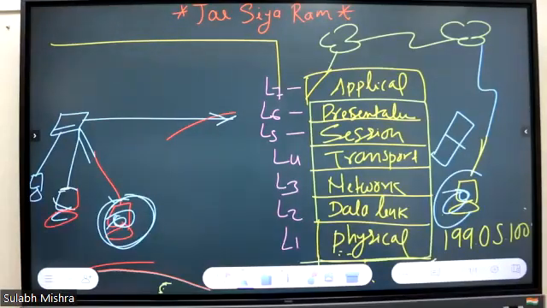Okay, so let's write it here. What is the OSI model? OSI stands for Open System Interconnection.